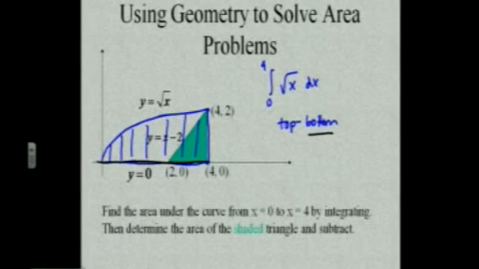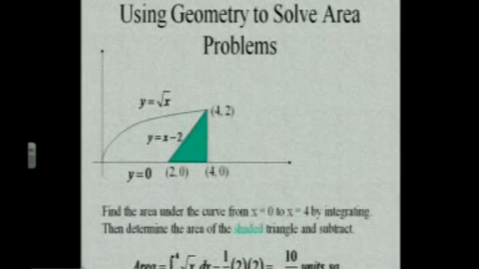But what if we change that to something slightly different to find the area of the shaded triangle and subtract it? I have no idea what this problem is doing. I'm trying to figure it out as I'm talking to you. So what region does this calculate?